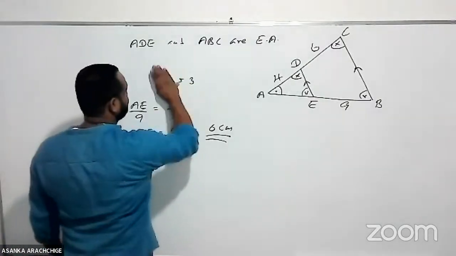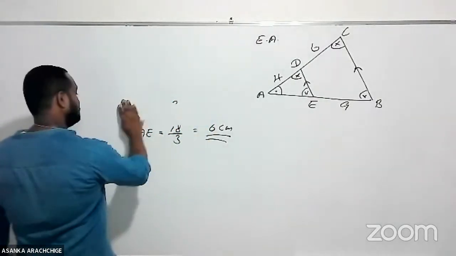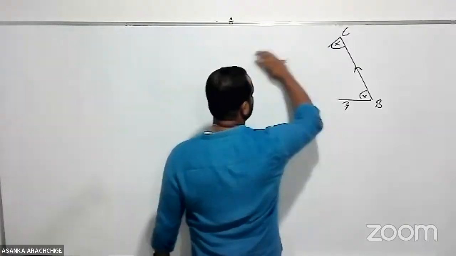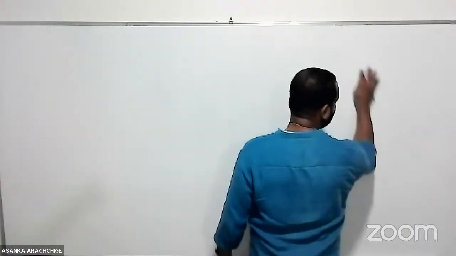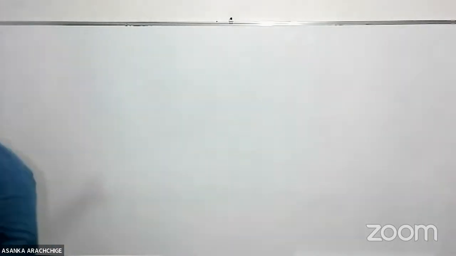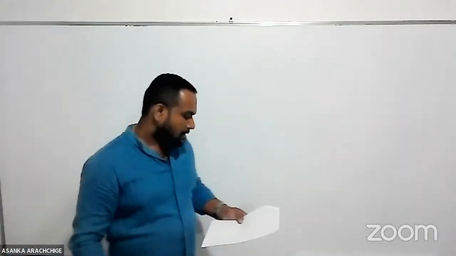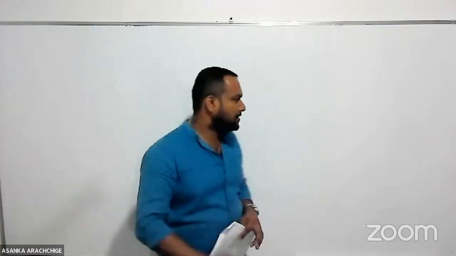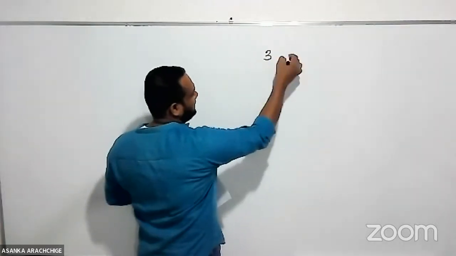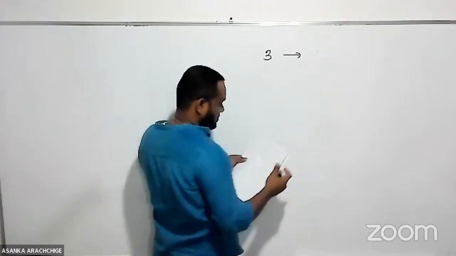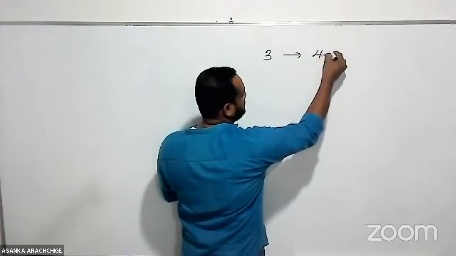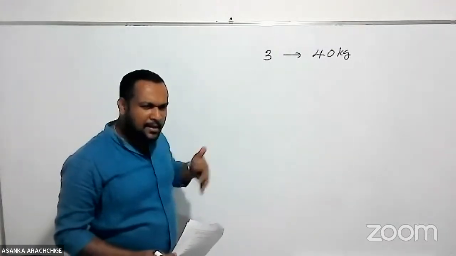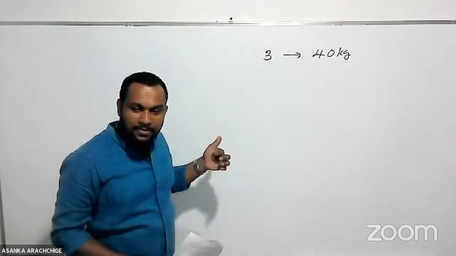Number 21. If the mean weight of 3 children were 40 kilograms, tell me, how do we find the mean?